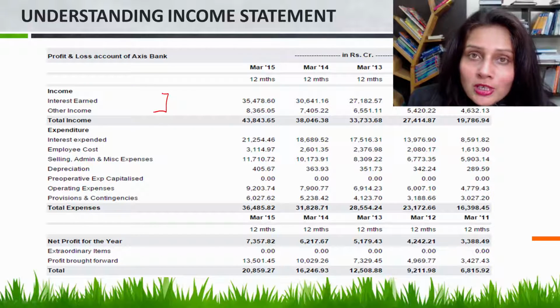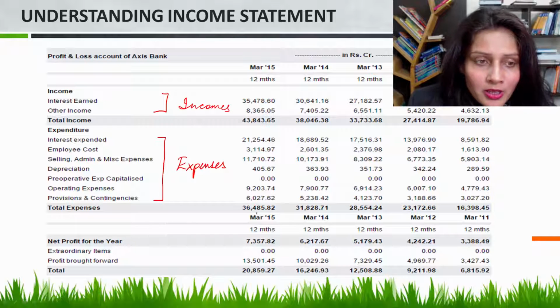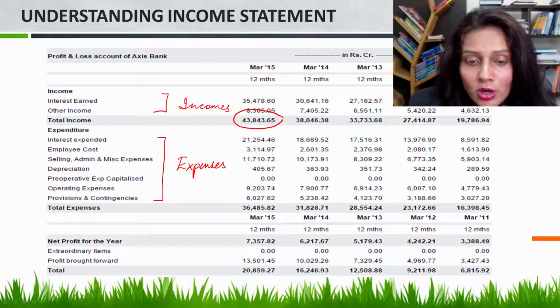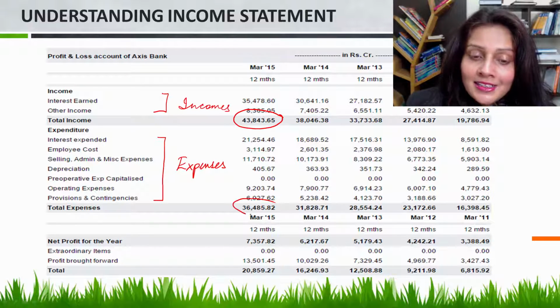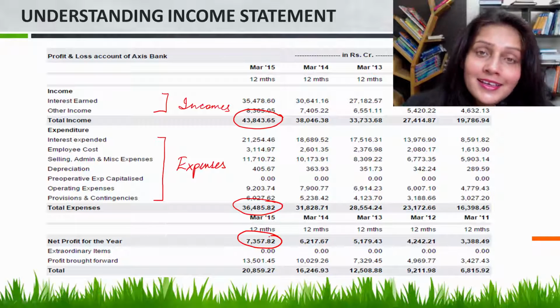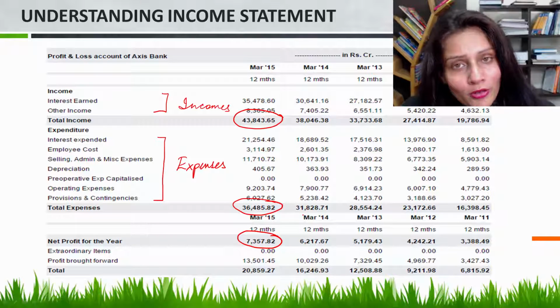So this top portion is of incomes and this lower portion is of expenses. And the difference between the totals of incomes and the total of expenses is either the profit or the loss. And we have, in this case again, the incomes are more than the expenses, which has resulted in a profit.